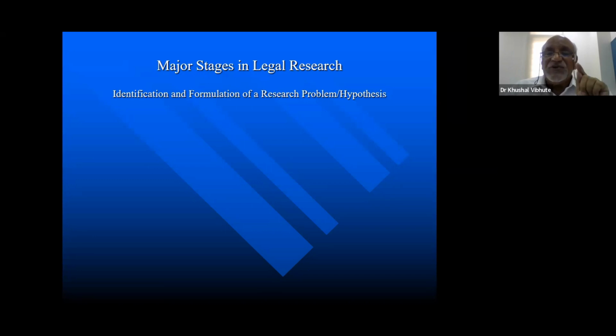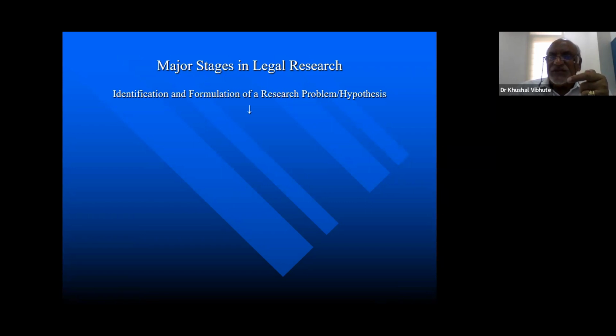Generally, we say research does not begin the moment the researcher becomes curious. No, but when he tries to kill his curiosity by formulating a problem, that is the starting point of research, and therefore the first step of research is formulation of a research problem, which is not an easy task.